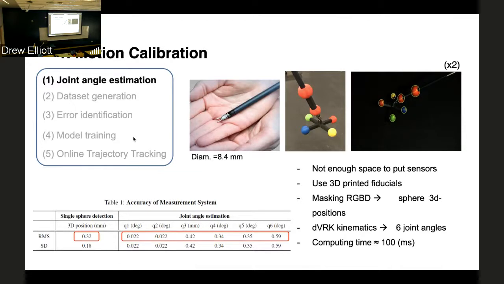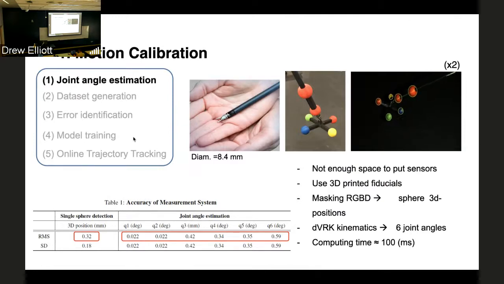We're using a Zivid camera, which is a nice high quality camera. By the way, these RGBD cameras are coming down in cost and increasing in resolution, so they're widely available. And the nice thing is once you have this, then you can determine the ground truth pose of the tool very accurately.